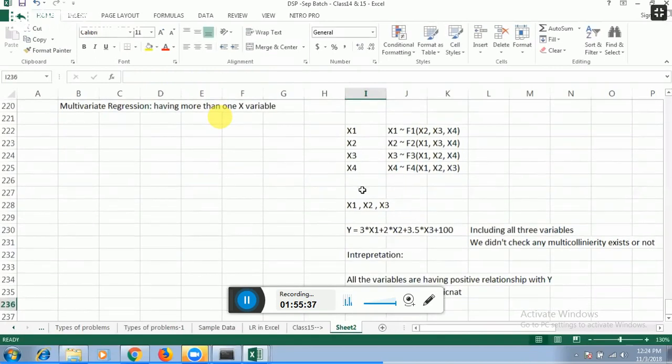And one more thing, assuming that x1, x2, x3 are all on the same scale, I can compare the betas. If all the variables are on the same scale, I can compare the betas. So in this case, if I compare the betas, which one is the most significant, most important? x3 is the most important, with the most significant impact.